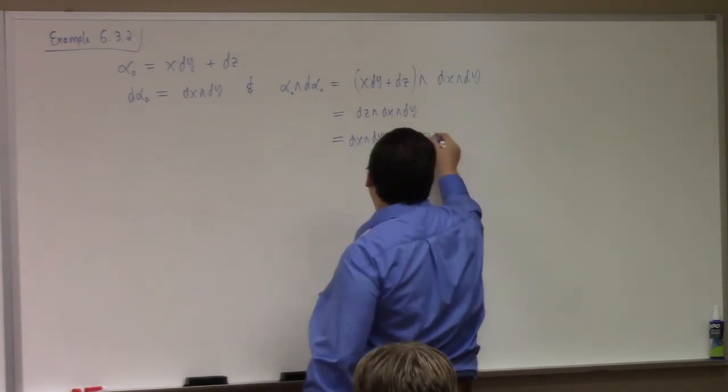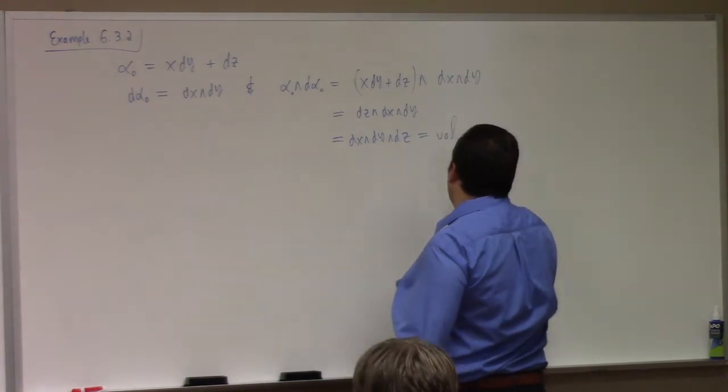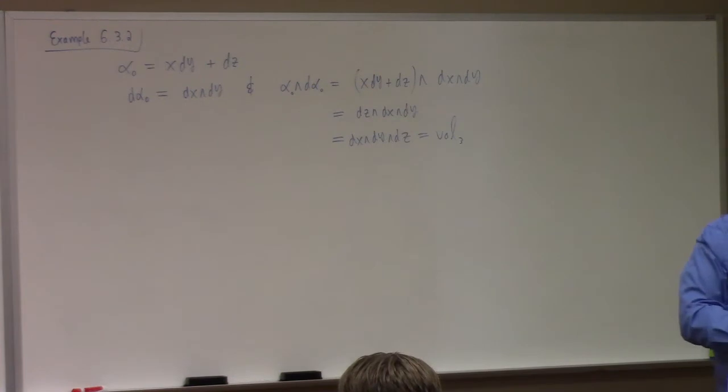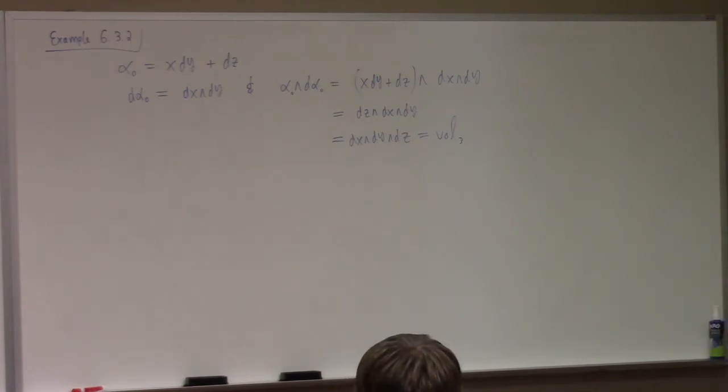In other words, it's the usual volume form on R3. So that's why this is called the so-called standard contact form, because it actually generates the volume form in this way.